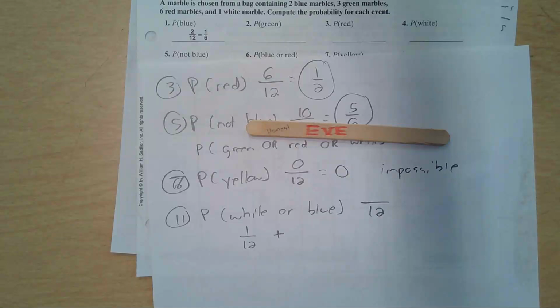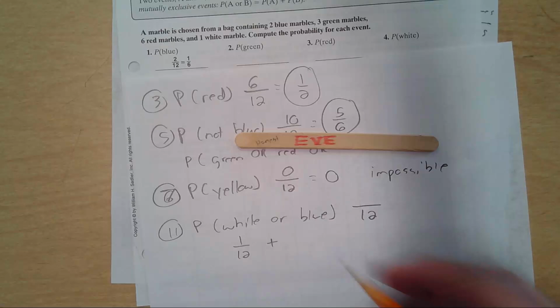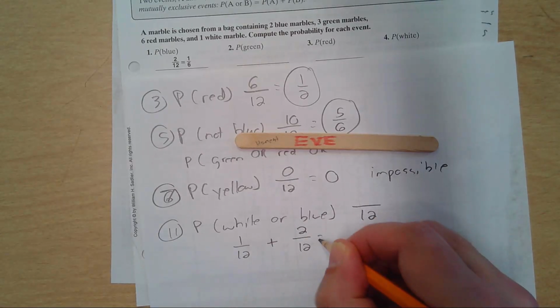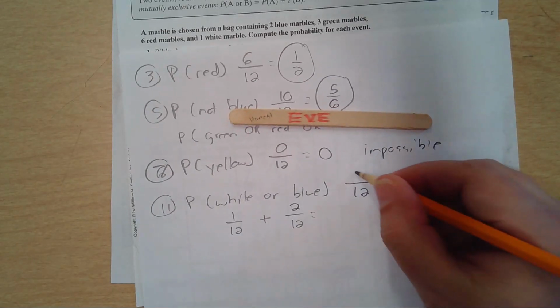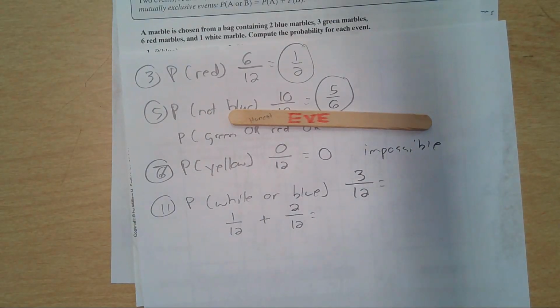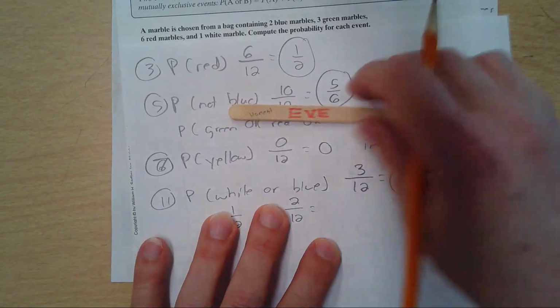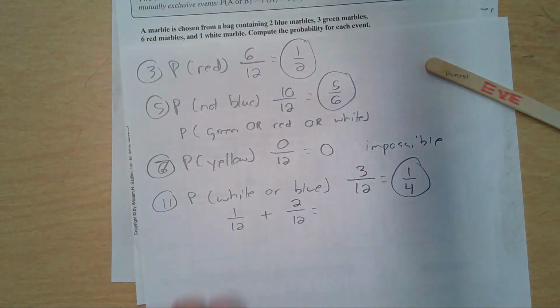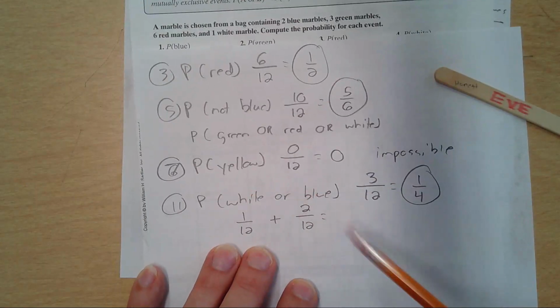So then I can add these two. How many blue marbles do I got? 2, or I got a 2 in 12 chance there. So what's 1/12 plus 2/12? 3/12. So there's my probability, and that simplifies to 1/4. When you get these or scenarios, again, we are talking about adding, because as long as I get the white or the blue, I win.